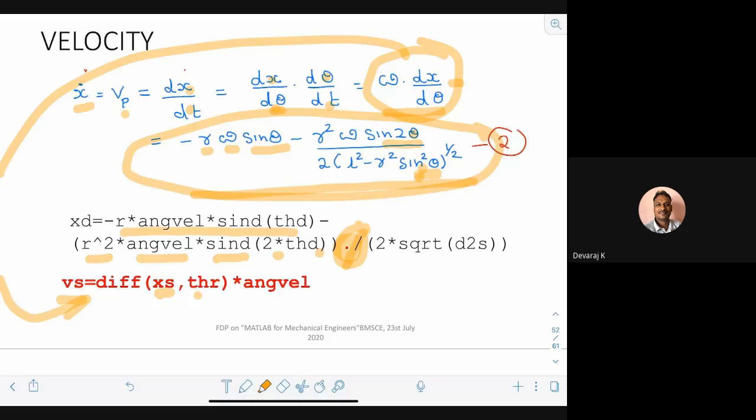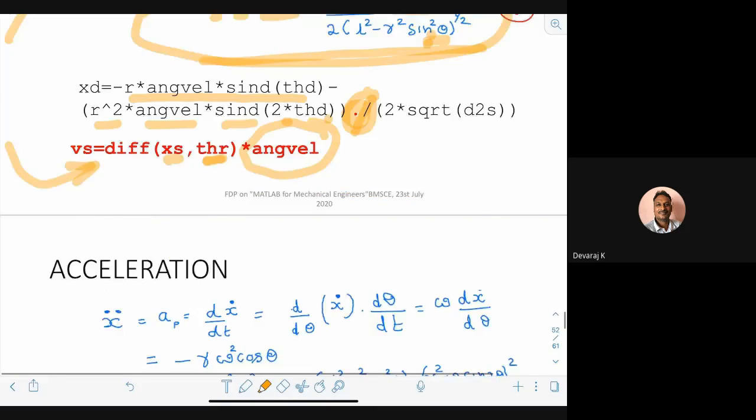Differentiate with respect to theta in radians. I cannot differentiate with respect to degrees. I'm doing it in radians, but never forget to multiply this omega part, which is angular velocity. That's an extra term that you need to be careful. So I have this equation 2, which gives me analytical solution, and I can also use directly symbolic variable without writing this analytical solution and get solution to this problem.